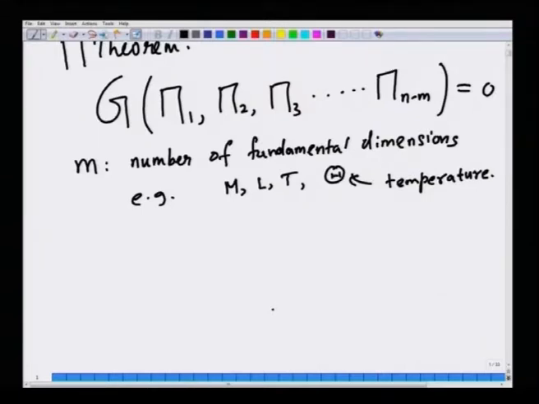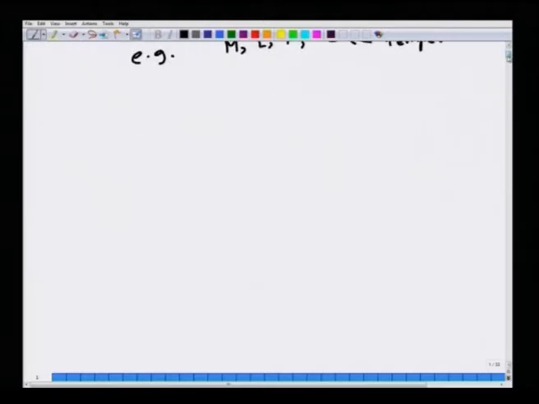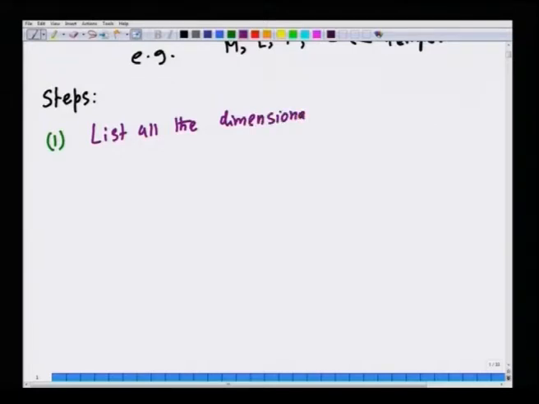Now, we also outlined the set of steps that one has to follow in order to affect this non-dimensionalization into pi groups. So, steps. The first step is you first list all the relevant dimensional variables in the problem.